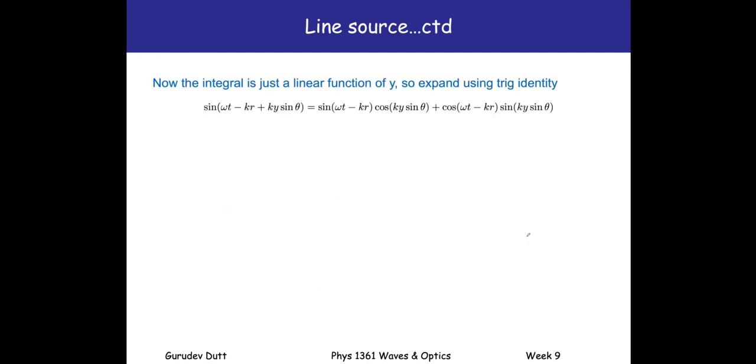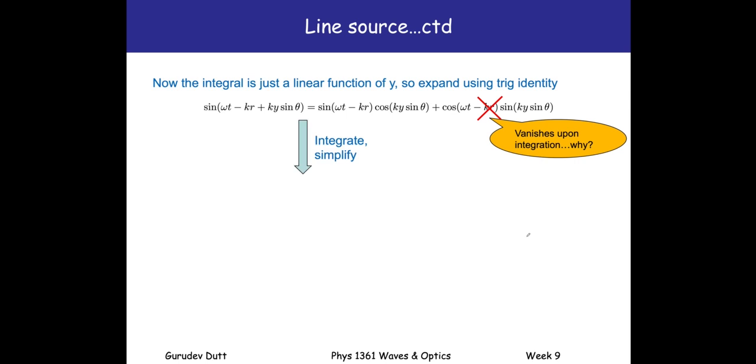So we just expand that function using the trig identity. And the second factor here will vanish. I want you to think about why, and I'm sure you'll figure it out. If you integrate the first part and simplify it, you get this result.